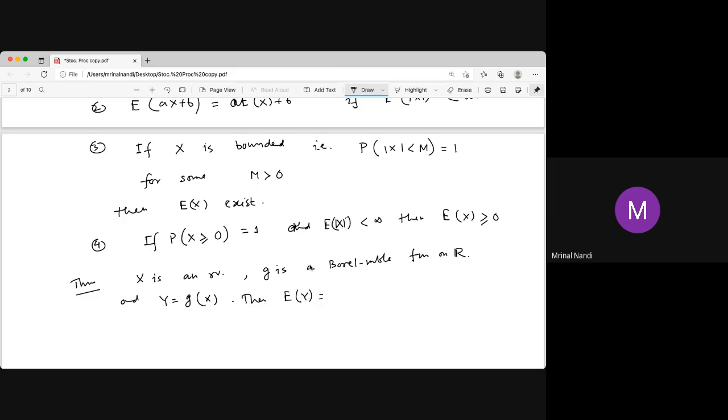You have two definitions. One thing, you can just take Y as a random variable and take the distribution of Y.